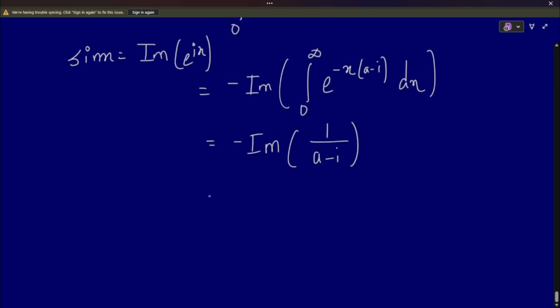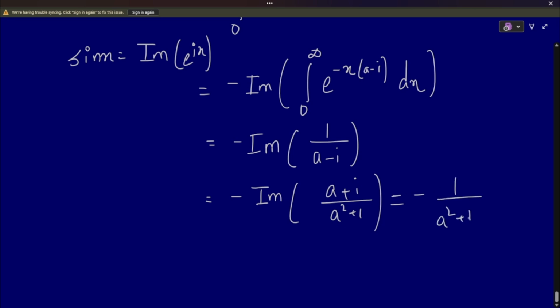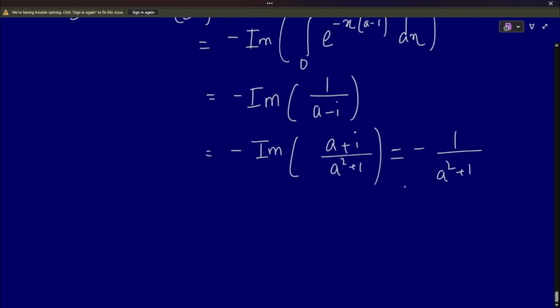Multiply by the conjugate; you know how to find the real and imaginary part. So a plus i on numerator and denominator, and what you would get is a plus i divided by a square plus 1. The imaginary part is 1 by a square plus 1, so we get minus 1 upon a square plus 1. And that is the value of f dash a.